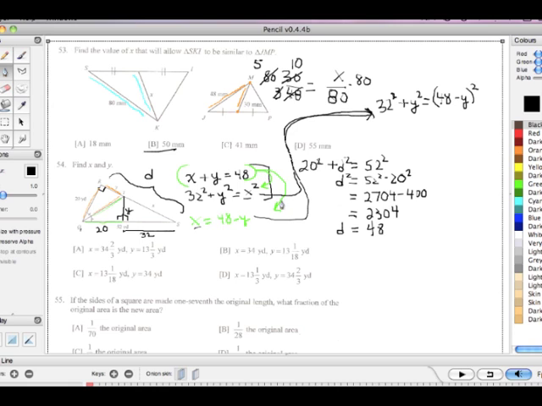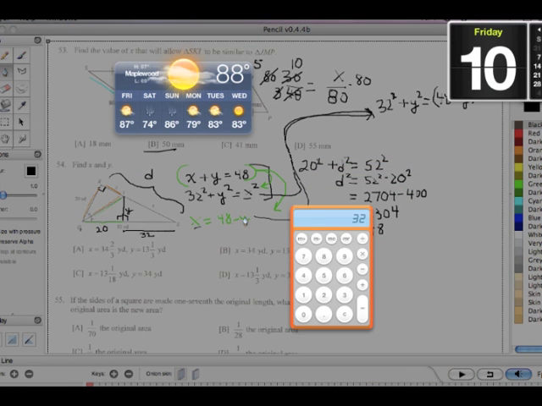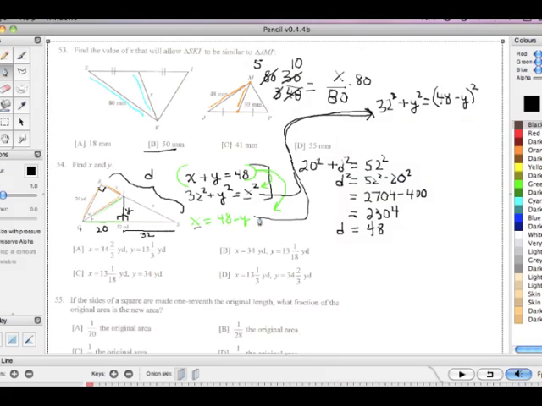squared. We're going to have to FOIL this out, and let's get our calculator to do 32 squared. Well, you know, let's leave it 32 squared. Be less digits for a little while. 32 squared plus y squared is equal to 48 squared minus 96y plus y squared.